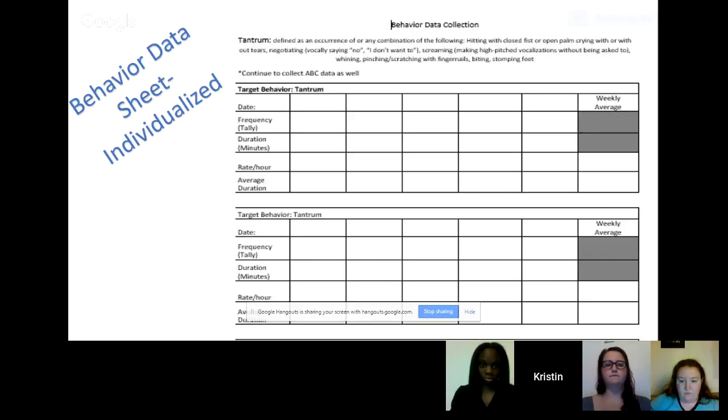But a behavior data sheet that you would use in a functional behavior assessment would have an antecedent space where you would write the events leading up to the behavior, a behavior space where you would specifically describe what behaviors the client engaged in, and a consequences space where you would say what happened after their behavior, how the parent or teacher reacted, whoever the guardian at that time may be, so that you could put all of the data together and analyze it.